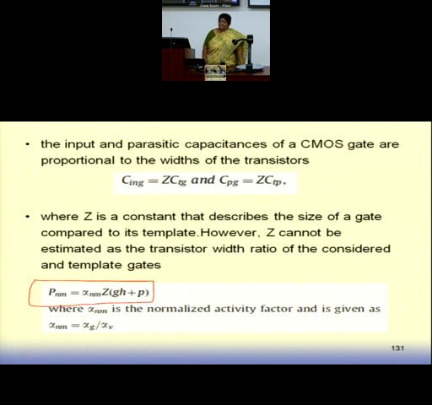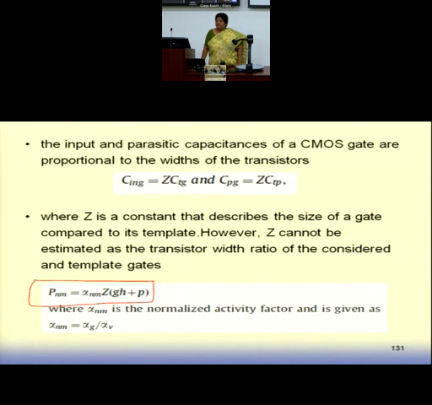So now suppose I design a gate whose width is known to me. And then I represent my input of a gate with respect to that gate. I say, okay, the widths are in the ratio of Z times. The width of my switching gate is say Z times the width of my template gate.